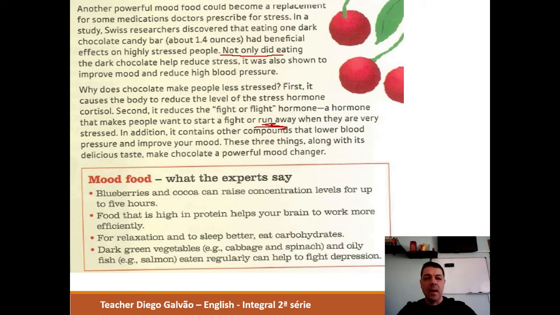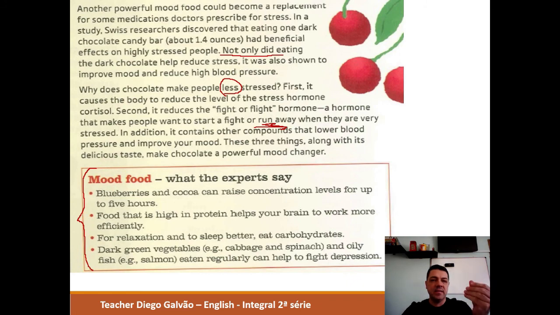Remember, I said about the word fewer a little time ago. Here we have the word less. Less is also the same as fewer, but we use less for uncountable and fewer for countable. And then just to finish, you have something that the experts say about blueberries and cocoa.